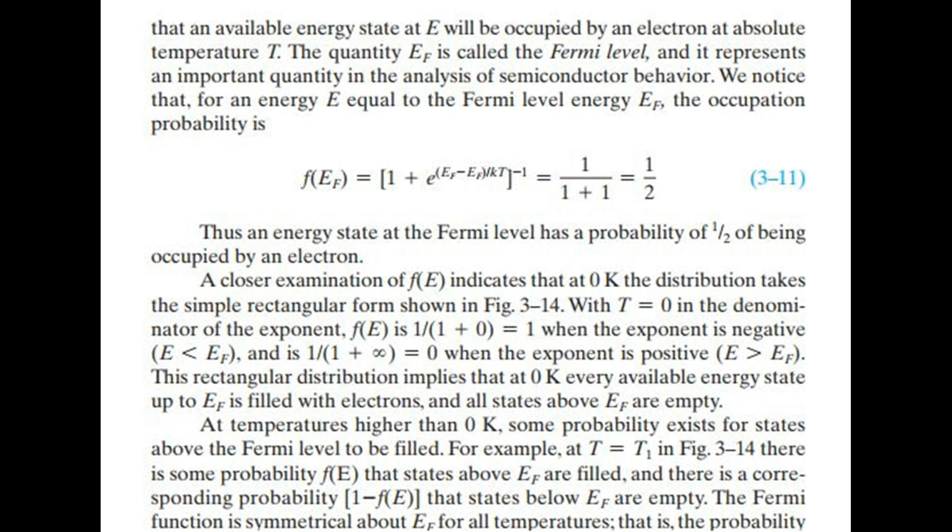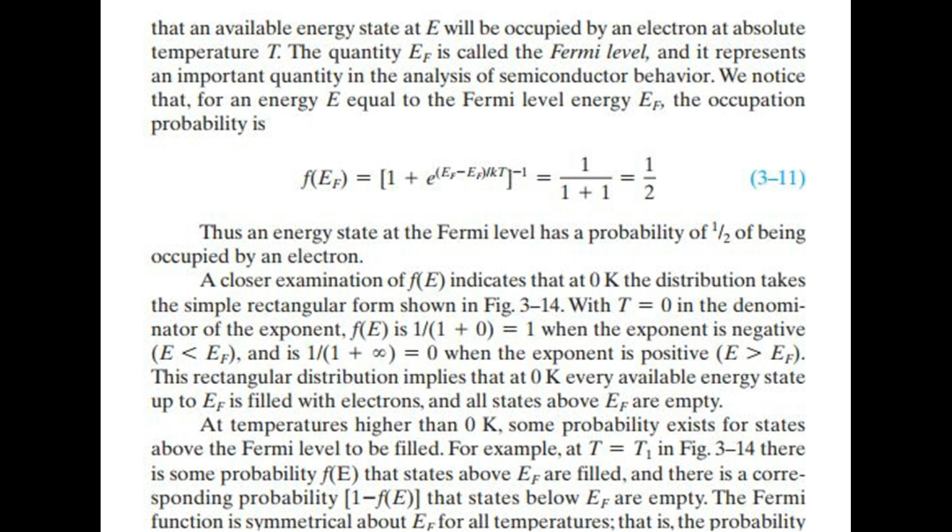At temperatures higher than 0 K, some probability exists for states above the Fermi level to be filled. For example, at T equal to T1 in Fig 3.14 there is some probability f(E) that states above E_F are filled, and there is a corresponding probability 1 - f(E) that states below E_F are empty.